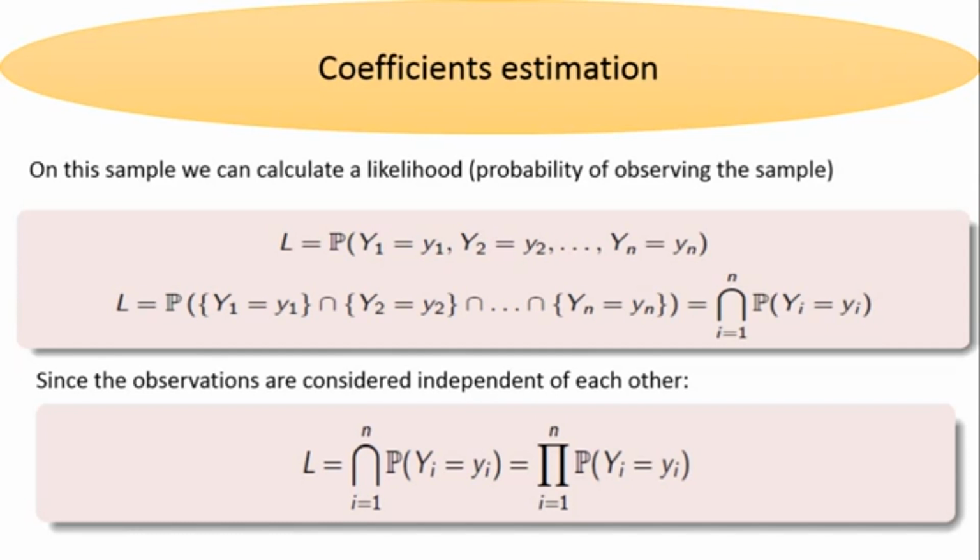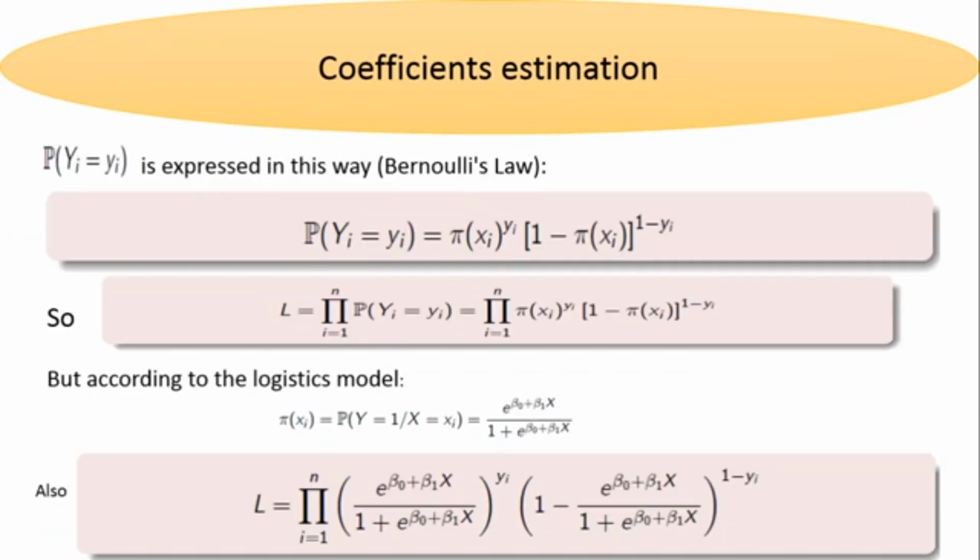Since the observations are considered to be independent, we can write our likelihood as a product of every single probability. If we use a Bernoulli law, we can write our probability for every xi as you see on your screen.